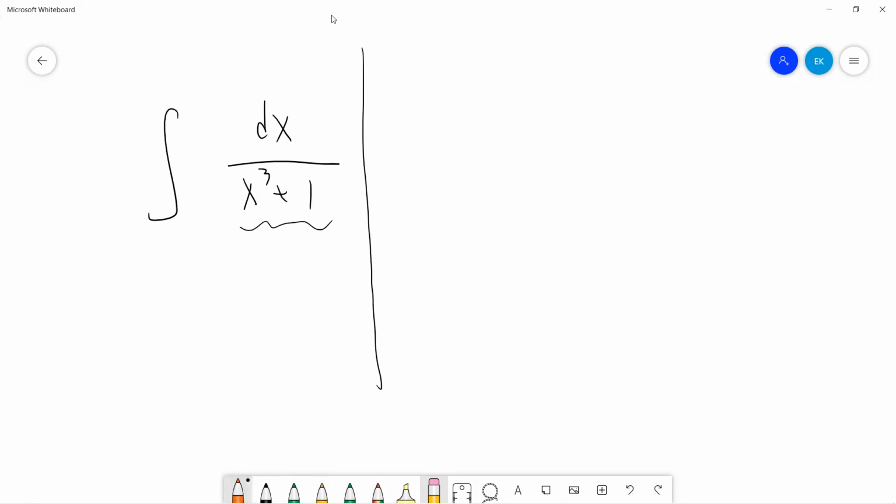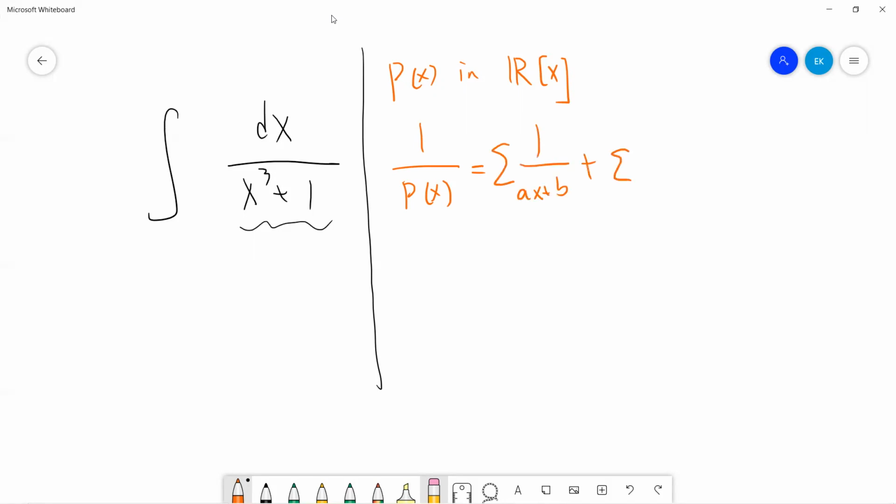So the general idea is that if you have a polynomial p of x in the real variable, the key idea to solving 1 divided by p of x is that we need to write 1 divided by p of x as a sum of 1 over linear, so it's ax plus b, and or linear over quadratic, where the denominator is some quadratic, ex squared plus fx plus g, and the numerator is some linear, let's say cx plus d.